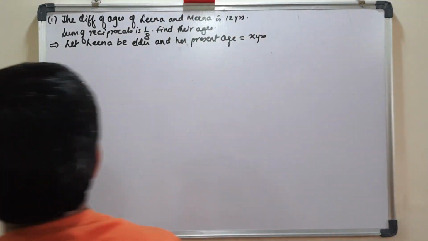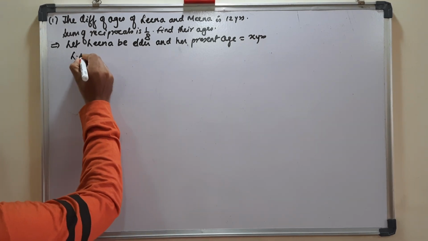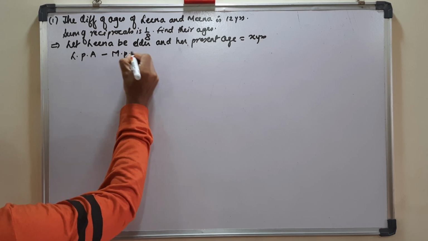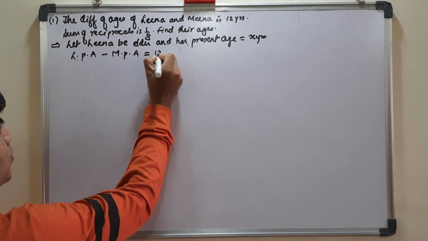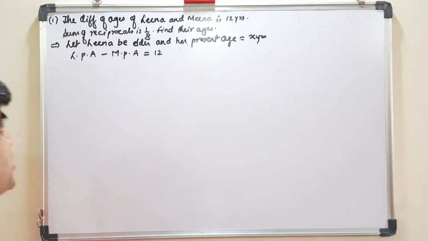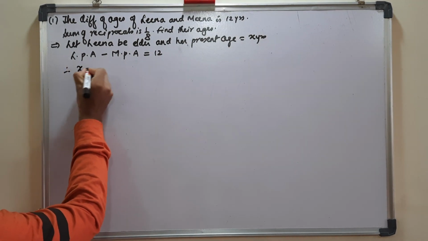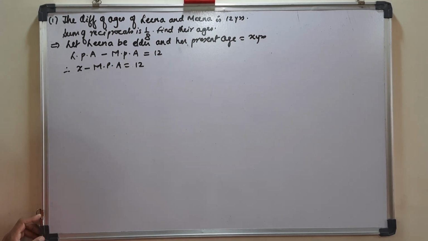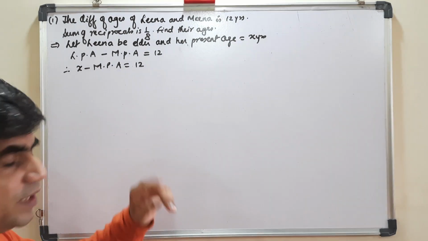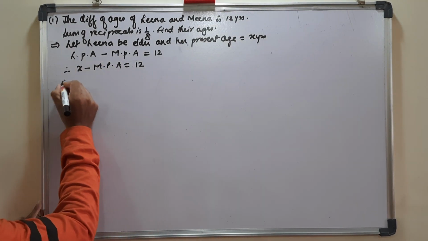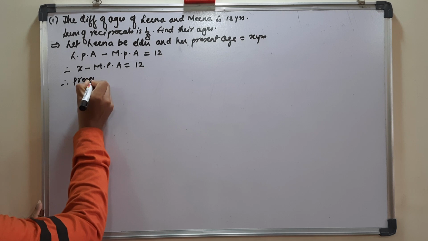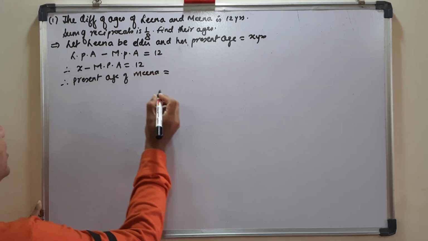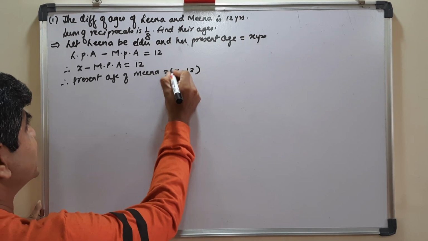That is, Lina's present age minus Mina's present age is equal to 12 years, which indicates x minus Mina's present age is equal to 12. So transferring it accordingly, Mina's present age will be x minus 12 years.